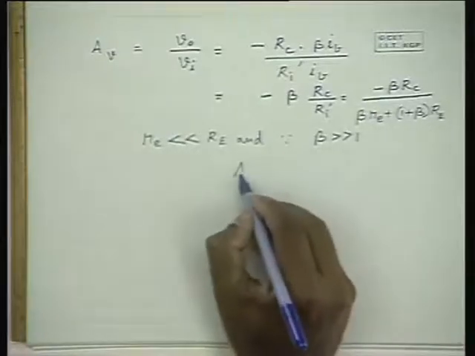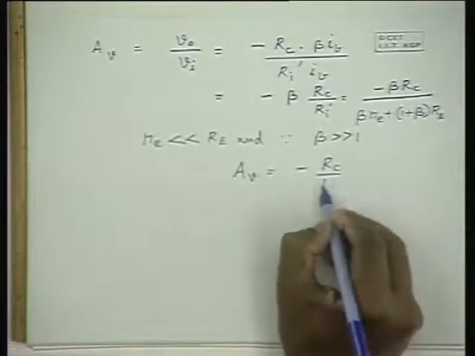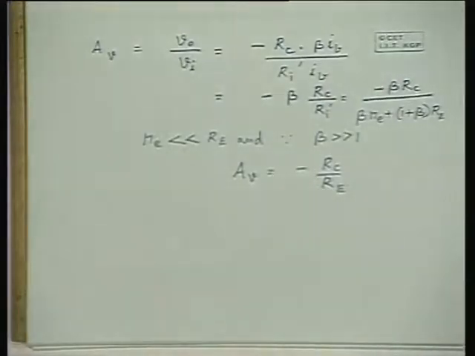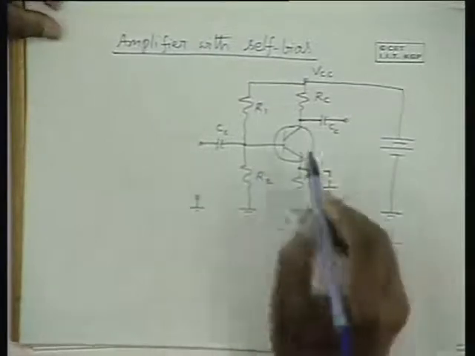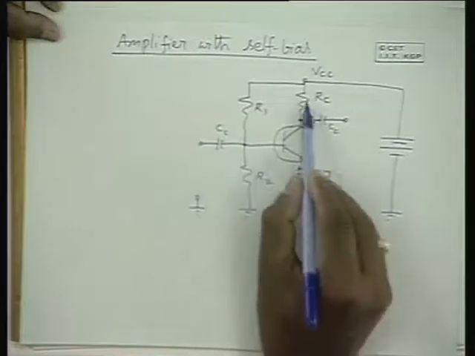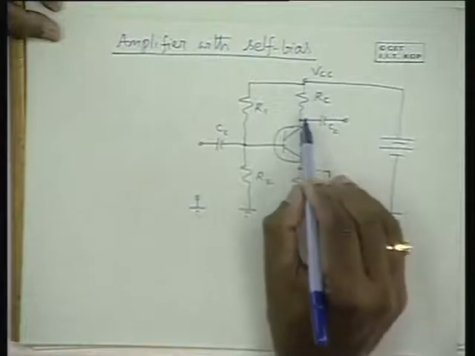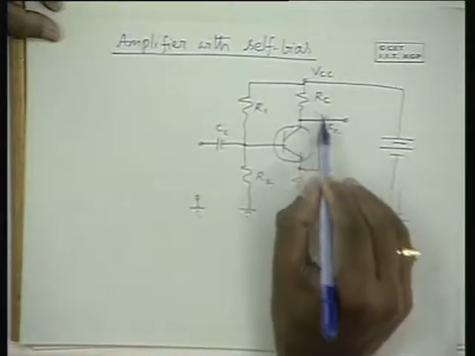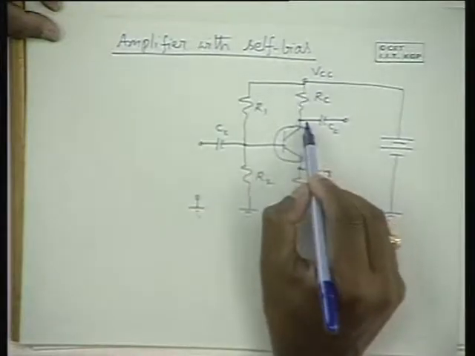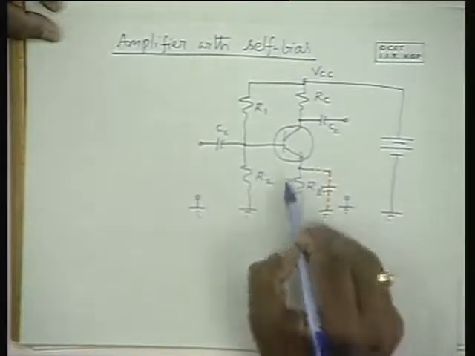Therefore, the voltage gain is going to be minus RC by RE. This is because almost the same current flows through both. IB is negligibly small compared to IC and IE. So the AC output current responsible for the output voltage is IC here, and the input voltage is the base-emitter voltage plus the voltage across RE.